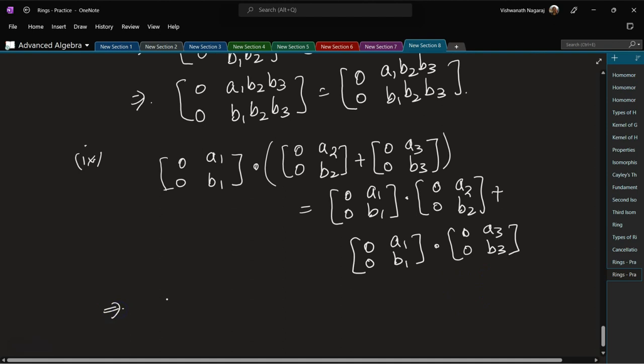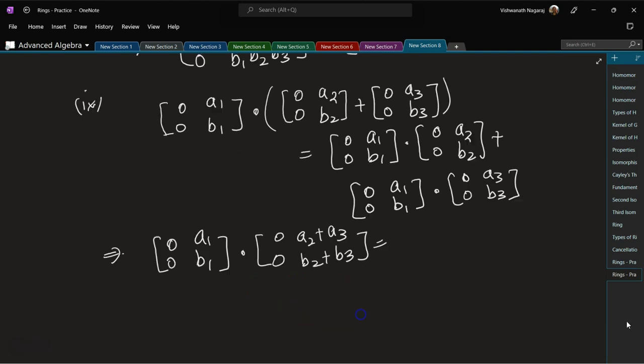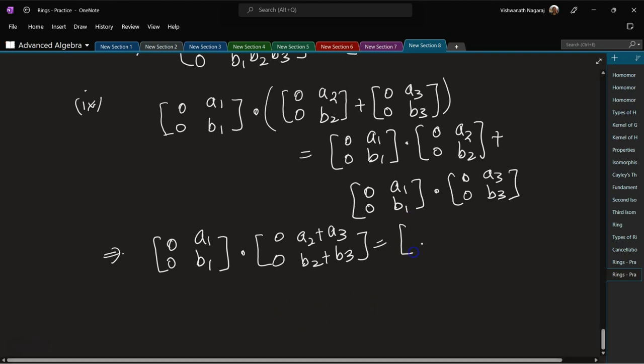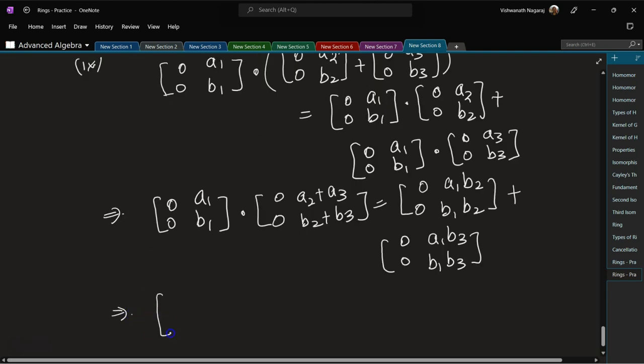Okay, let's begin. So this as it is, times, now let's add up these two: [0, 0; A2 plus A3, B2 plus B3]. And on the right, [0, 0; A1 B2, B1 B2] plus [0, 0; A1 B3, B1 B3].